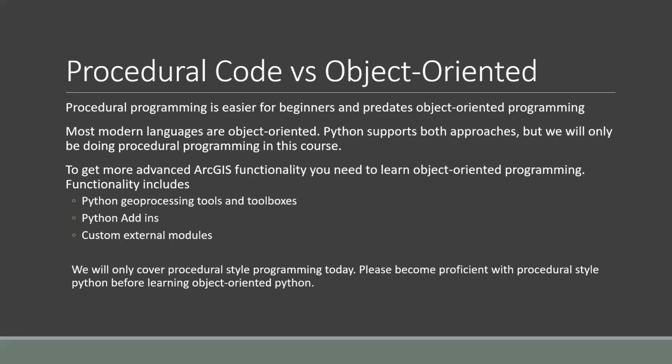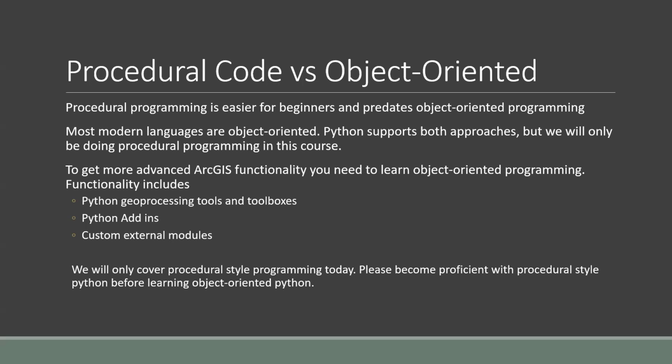There's another thing here. I mentioned object-oriented programming. There are really two different major styles of programming, and your language may or may not support them. You have procedural, which is very straightforward. It involves functions. It's very linear.